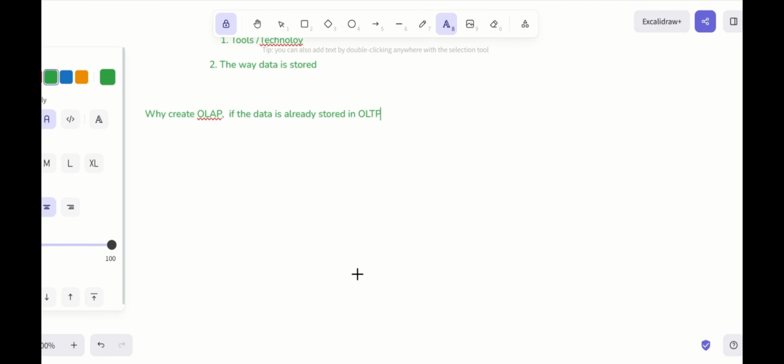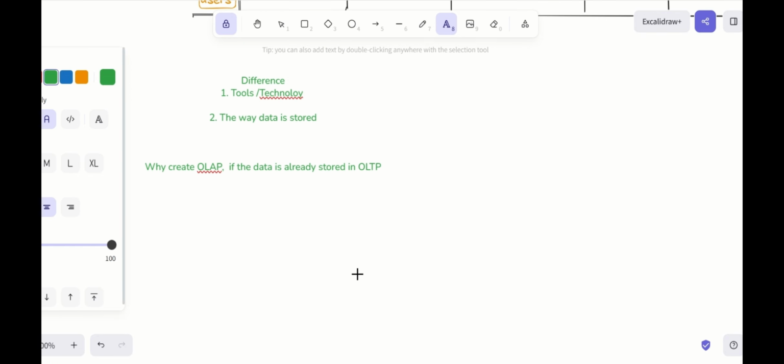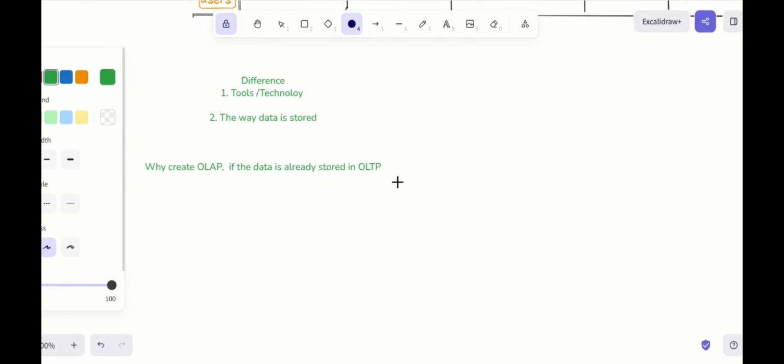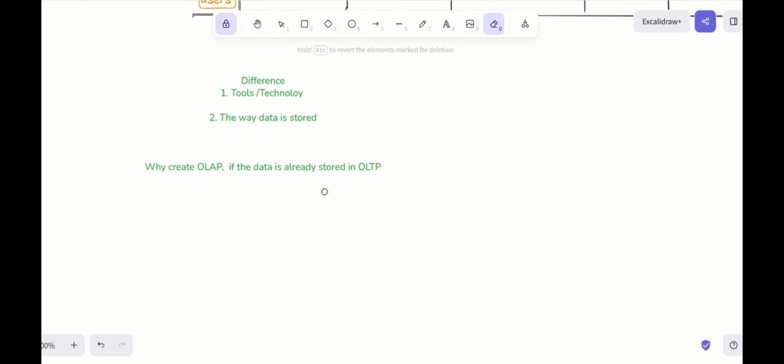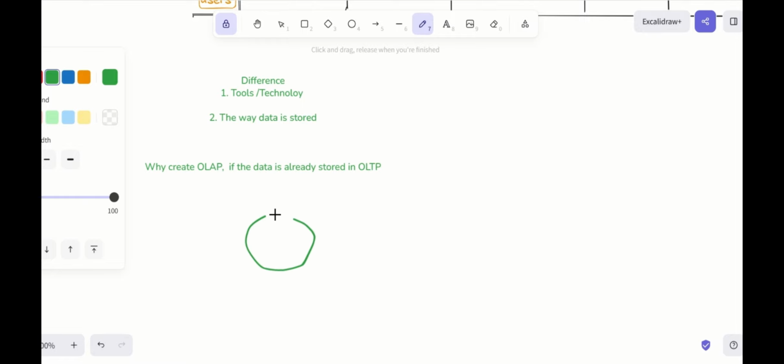So here is a good example. Let's assume here you have the OLTP.